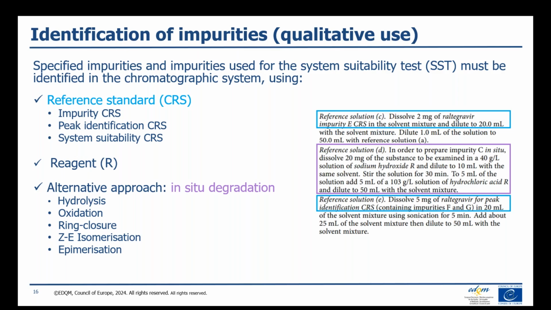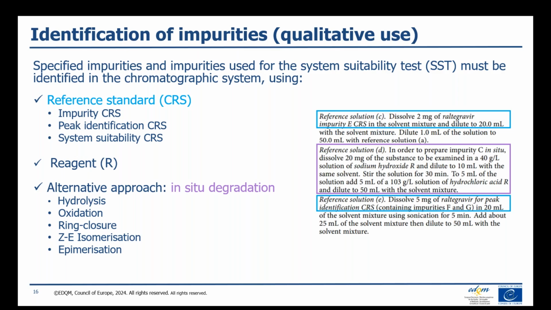Sometimes it is a CRS of a specific impurity. For example, here in reference solution C, you can see that there is a CRS to identify impurity E. Then we have other types of CRS which are named for peak identification or for system suitability. Here, most of the time, it is a mixture of the API and one or several impurities.